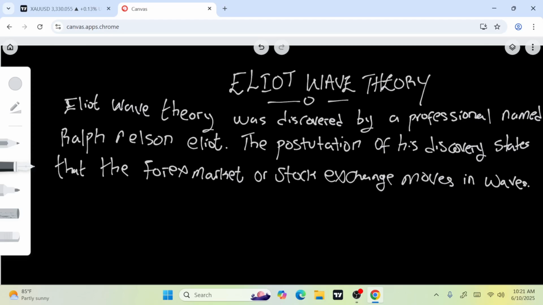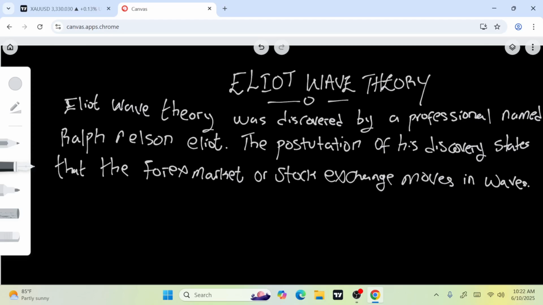This Elliott wave theory is one of the elements of technical analysis you can add together whenever you want to make executions in a trade or whenever you want to analyze the trade. If you can know it, it's an explosive device for you to take advantage of the market.